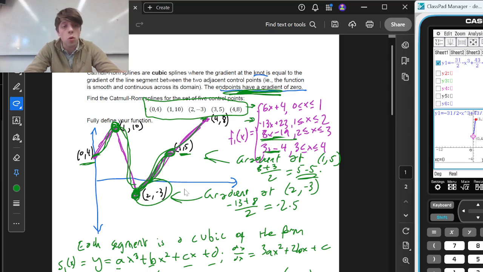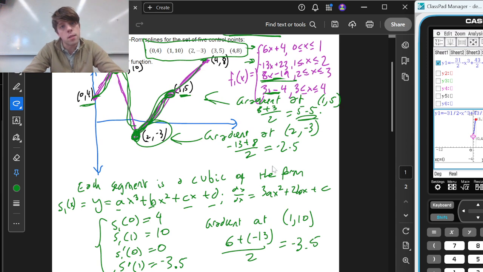But yeah, to recap, in order to find the spline, you need to first find the linear equations that you could use to connect these points to one another, like we did here. Step 2, work out what the gradient at each of these endpoints for the spline will be, which will be the average of the gradient of the two lines that are adjacent to that point.